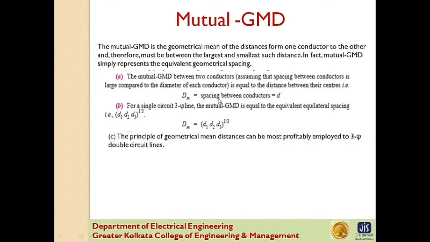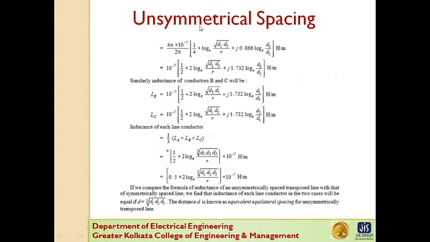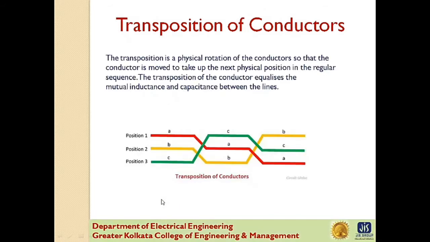Dm is equal to the spacing between conductors, equals d. For a single circuit three phase line, the mutual GMD is equal to (d1 d2 d3) to the power 1/3. That means, for a three phase single circuit, this term is the mutual GMD.